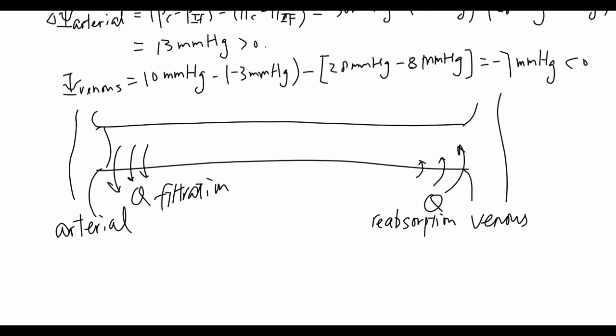And this cycle is where you have outward flow and then back inwards continuously. And this type of behavior is called the Starling flow.